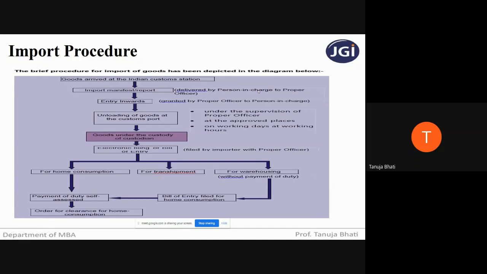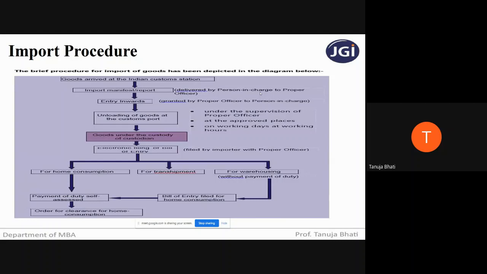Let us understand that. Suppose the goods are coming through a vessel, that means through a ship. Then the person in charge will be the master of the vessel who is handling the vessel. Suppose the goods are coming by aircraft, then the person in charge will be the pilot in charge of the aircraft, or the commander.